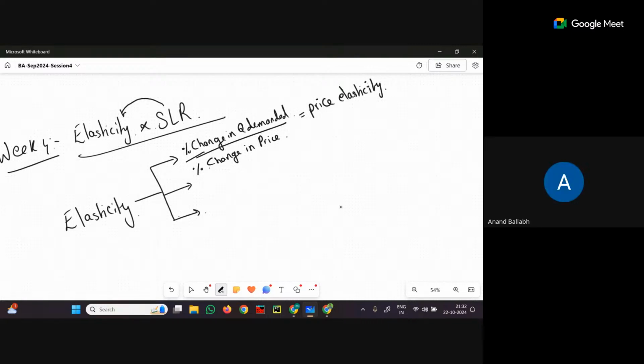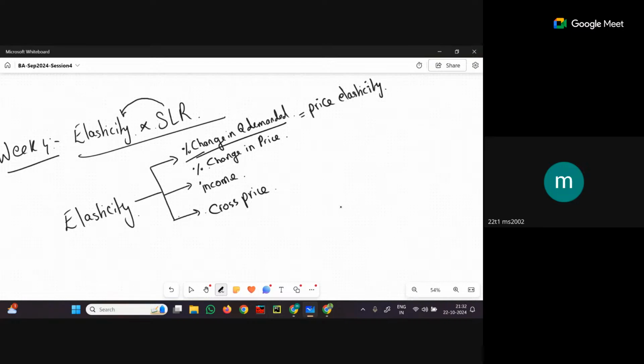Income elasticity also, right? It is income elasticity, cross elasticity, the cross price. So these are the three primary economics-related elasticities that are there. Have you studied all of these three in BDM in the new syllabus?